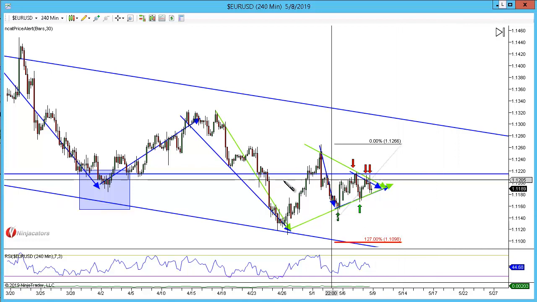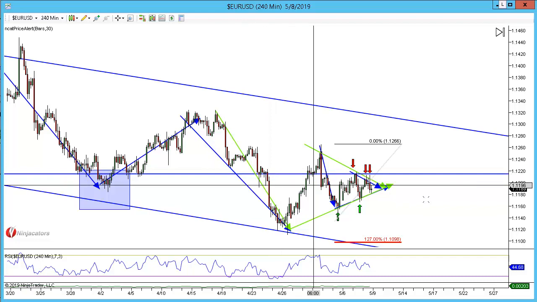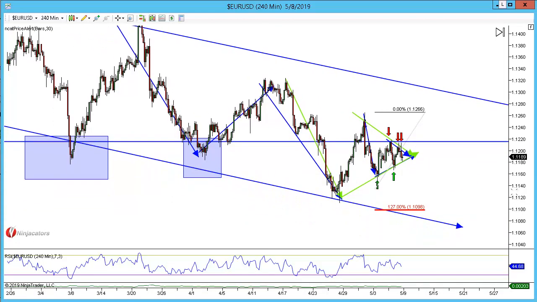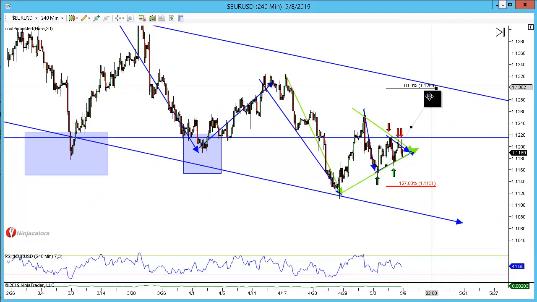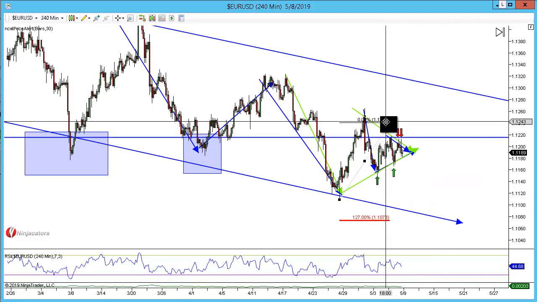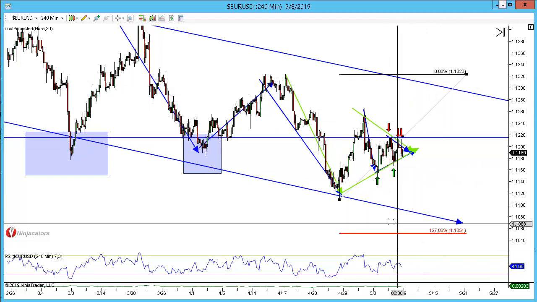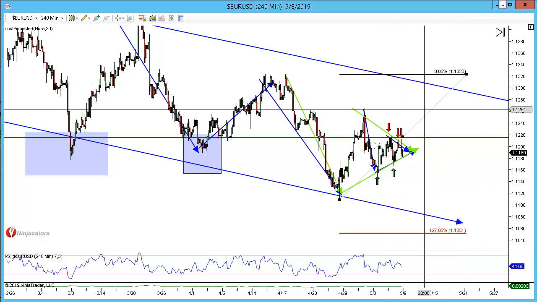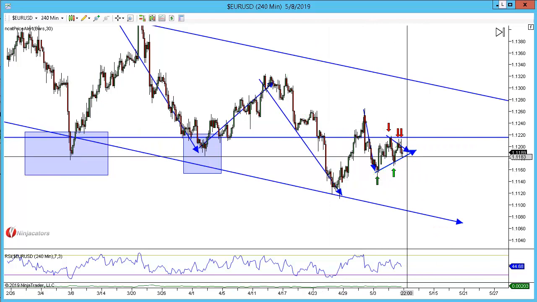A little bit of a problem for me is this kink here. It's not a directional move, and also we do shoot past that 127 because the fib would be like this. So potential targets a lot further away. Not too happy about shooting for those. For me, the smaller wedge pattern is the valid one.